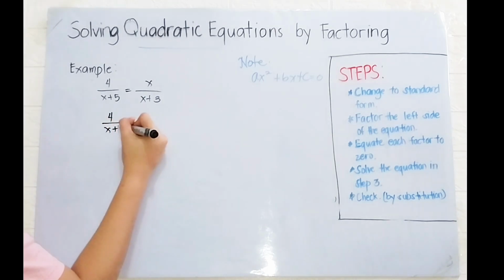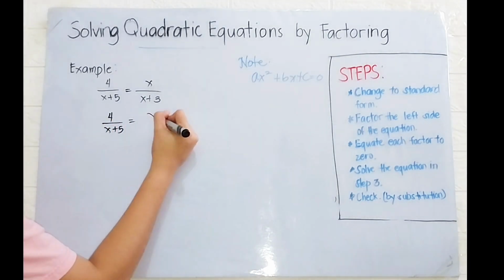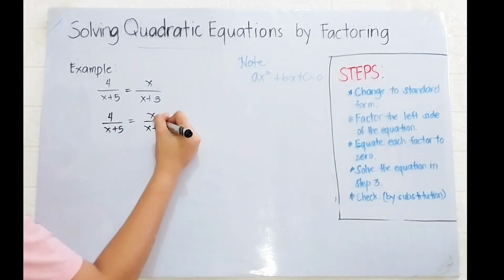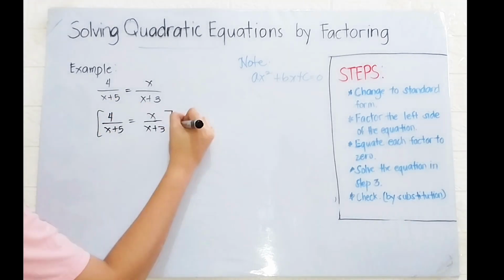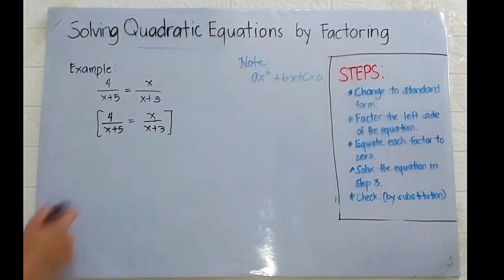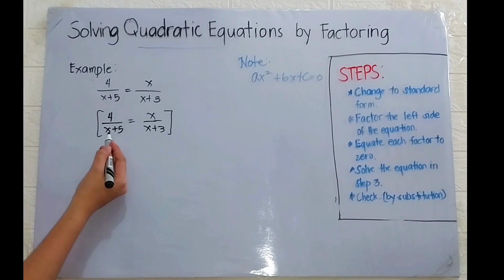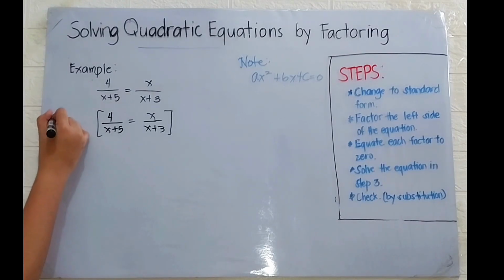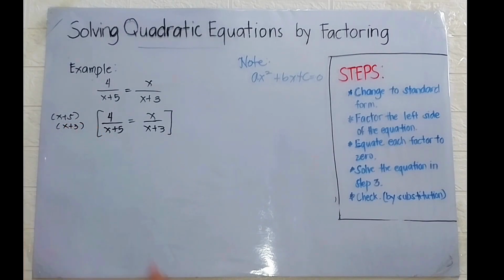4 over x plus 5 is equals to x over x plus 3. Going to multiply both sides by the same denominators. Okay, so our denominators are x plus 5 and x plus 3. So multiply both sides by x plus 5 and x plus 3.